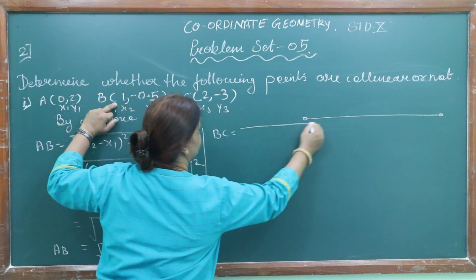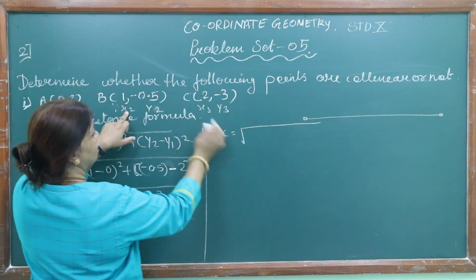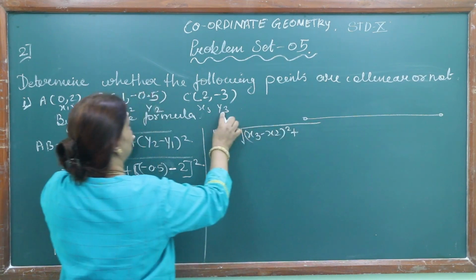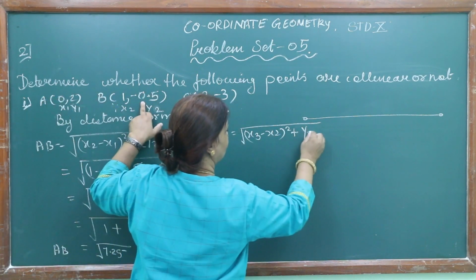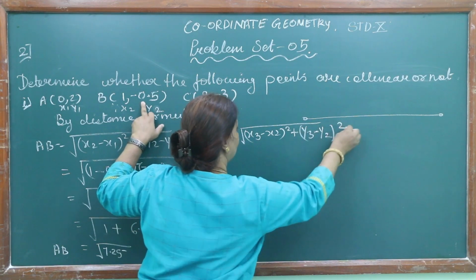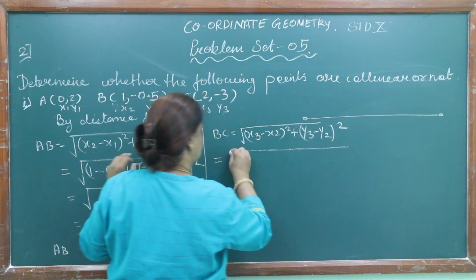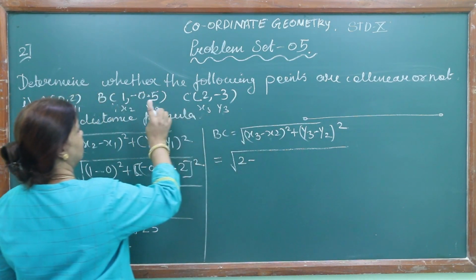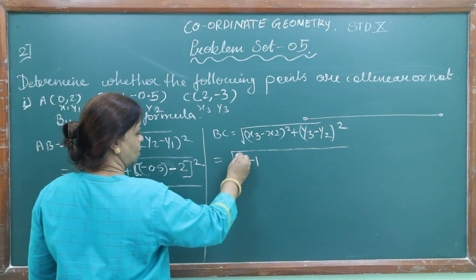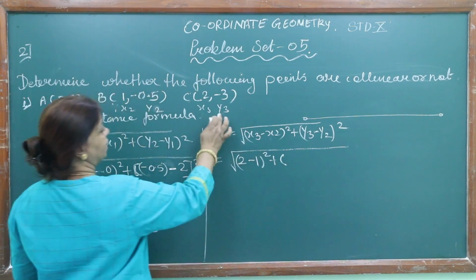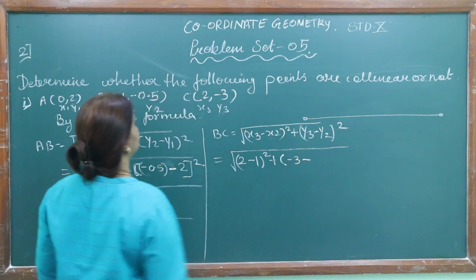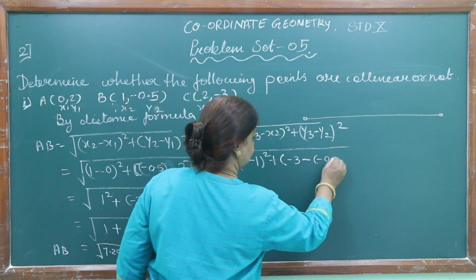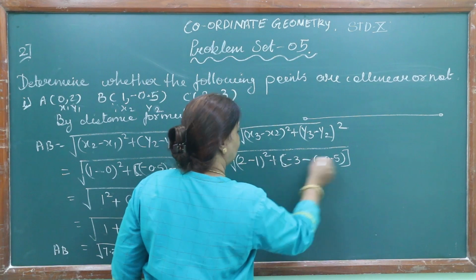Again by distance formula BC, we will be getting x3 minus x2 the whole square plus y3 minus y2 the whole square under the root. x3 is 2. 2 minus x2 is 1 the whole square plus y3 is minus 3 minus 0.5 the whole square.